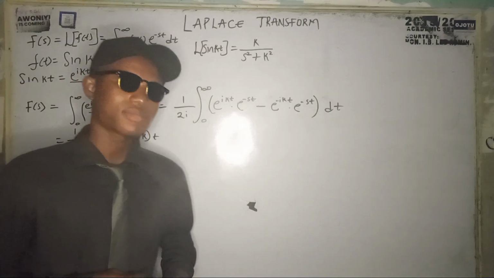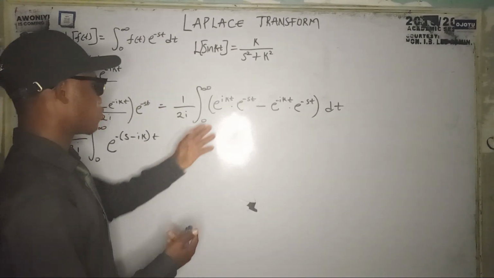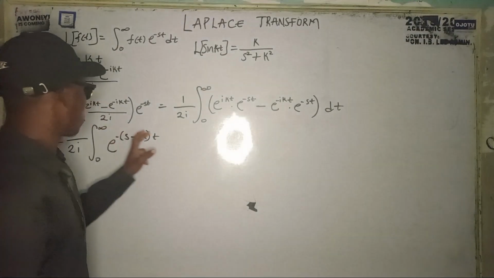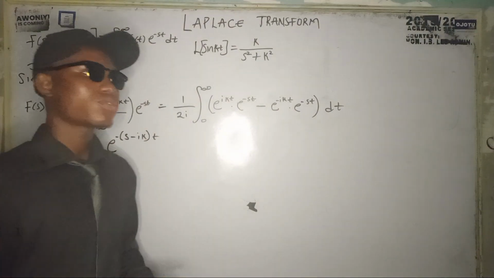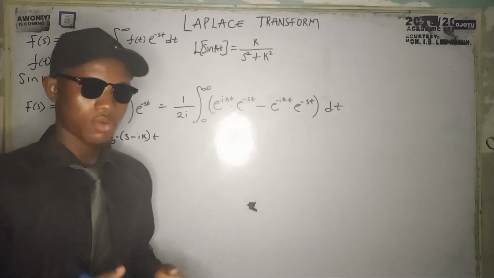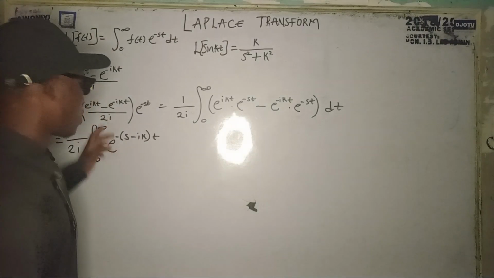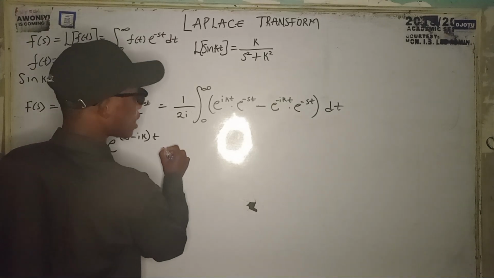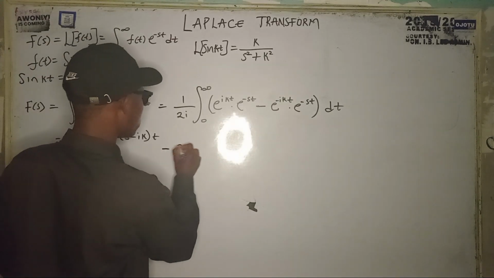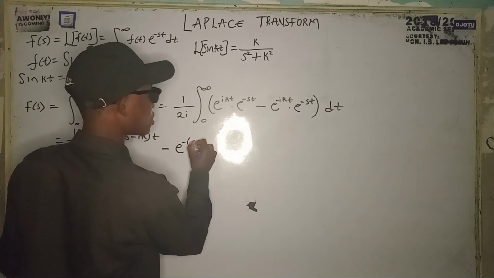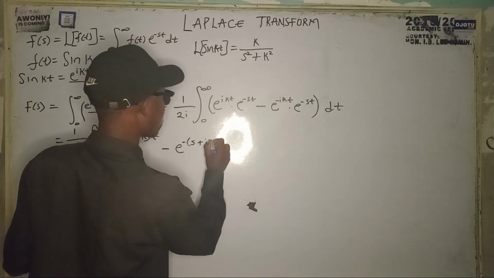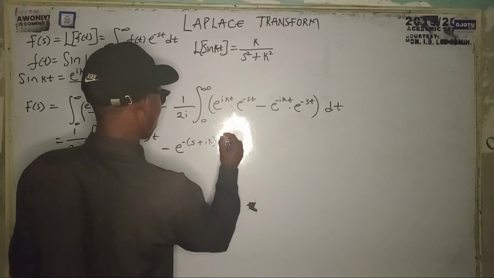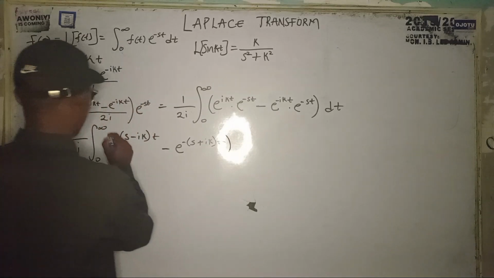I've mentioned it many times in my former videos why we choose to bring out the minus sign. We could naturally just multiply everything by the minus sign, but we would later have complications in the future. So that is the reason why we bring our minus sign upward. So let's continue with that. We have minus, here we just have e raised to the power minus, in brackets s plus ik, into t. Then we have our dt.